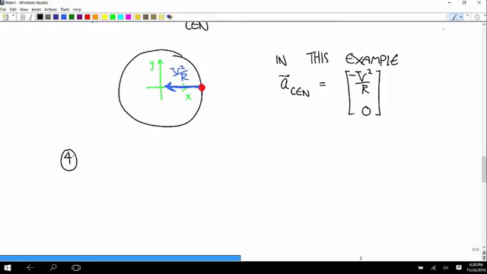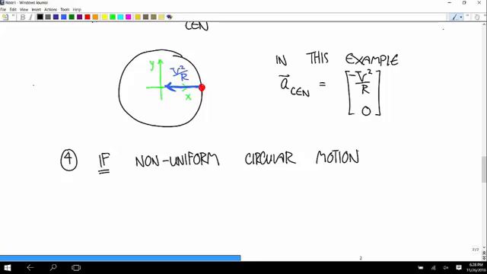4. Now, this is only if it's non-uniform circular motion. Remember what non-uniform circular motion is? Yeah, if it's speeding up or slowing down. So this step has to do with the tangential acceleration, and it doesn't exist.